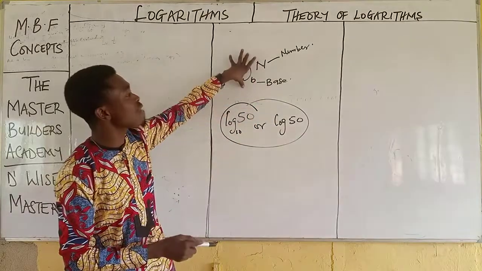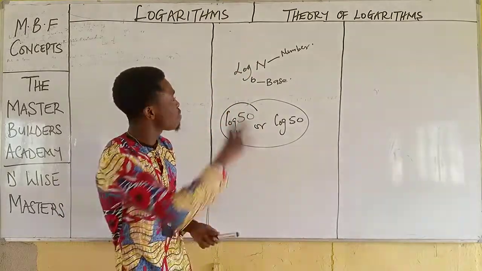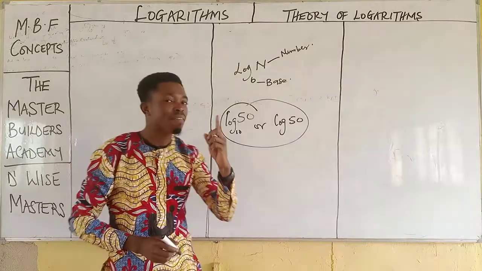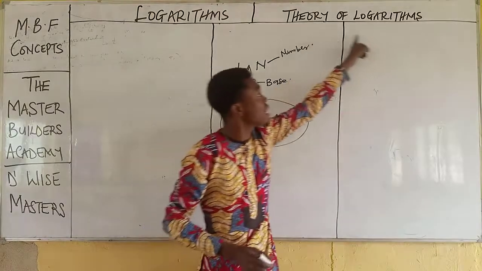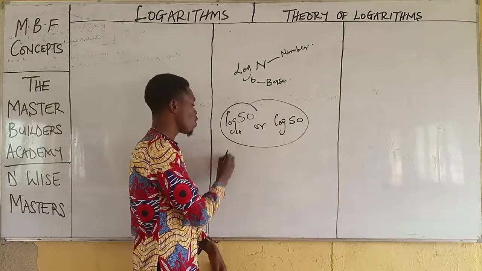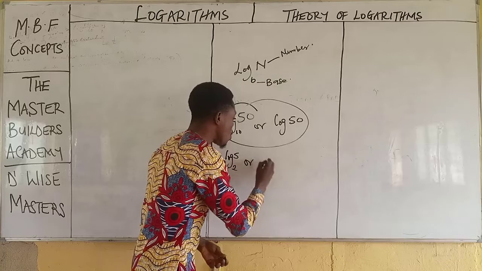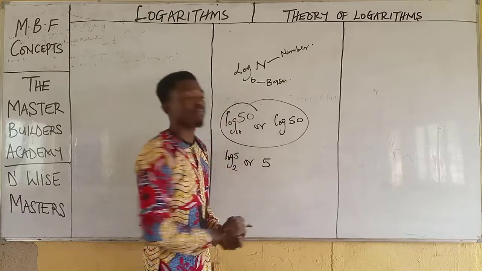So when you have this, like I explained, the list of any log readings you will ever have under the theories of log reading, the least value can either be log 5 base 2 or you have a simple number.